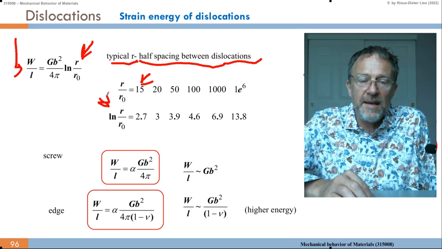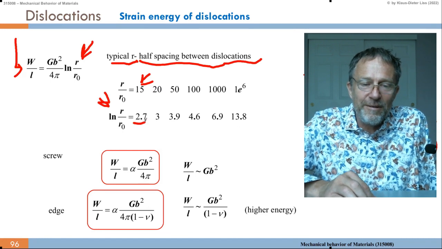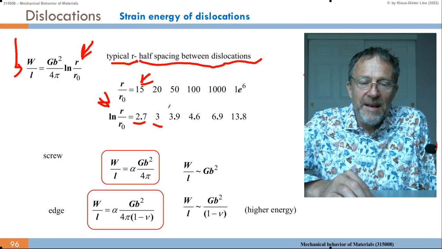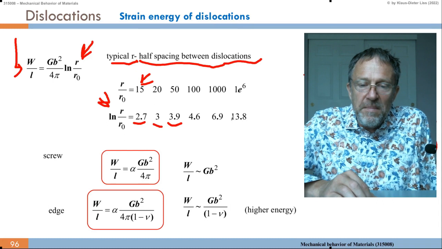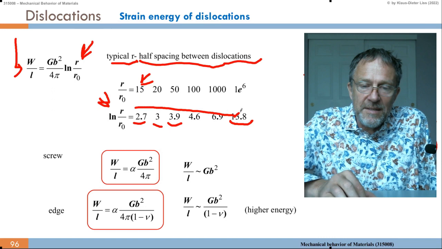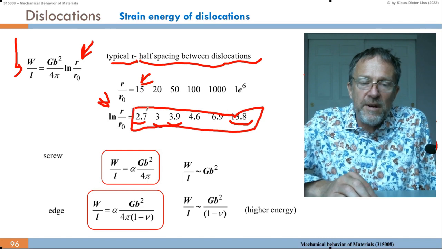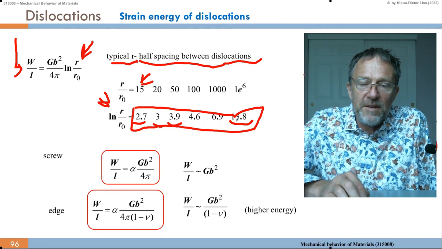And let's take the ln R over r0, which in the first case, ln of 15 is 2.7, of 20 becomes 3, of 50, 3.9. For 1 million, it becomes 13.8. So we see these numbers are not even varying by 1 order of magnitude. 1 order of magnitude would be 2.7 to 27.